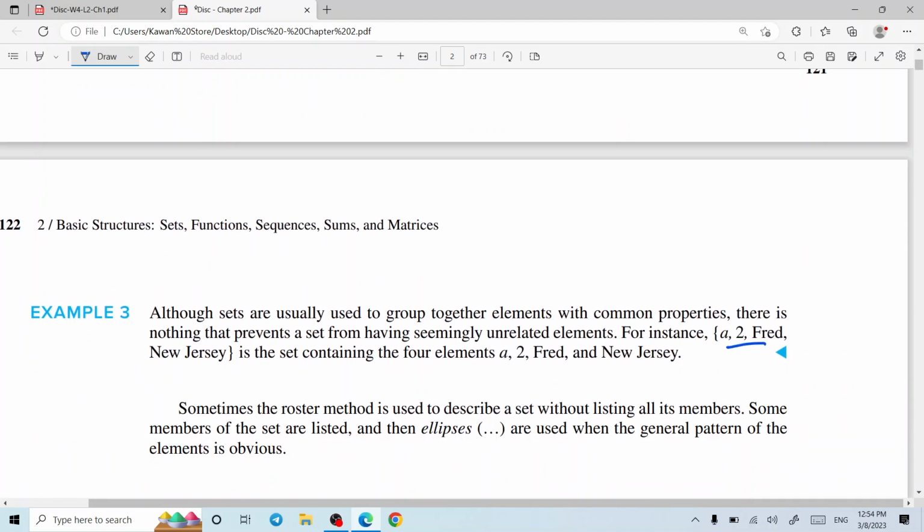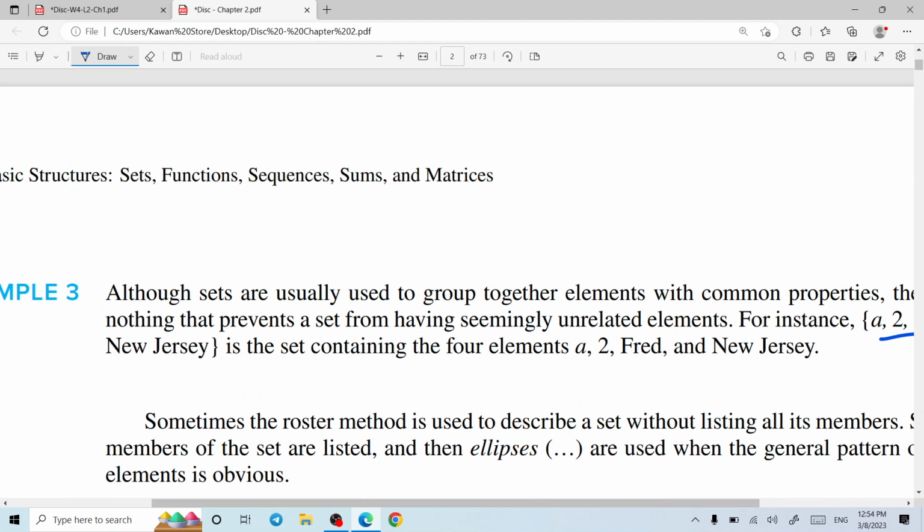So we have a number, word, name, it's a set. Understood? You need sets actually in computer science and engineering. In the computer you need it. Why? Because you are going to define your variables, at least.